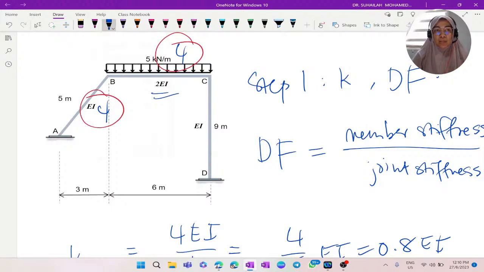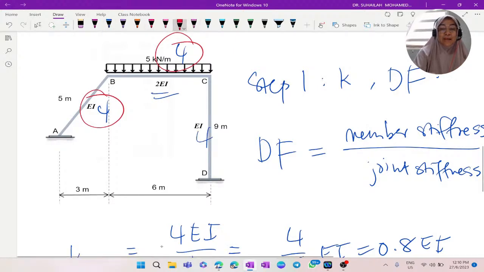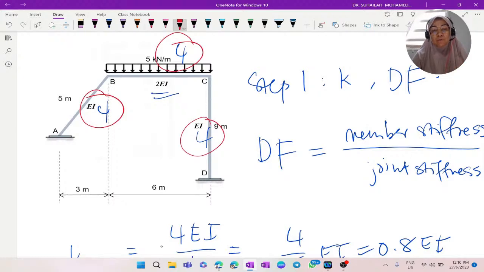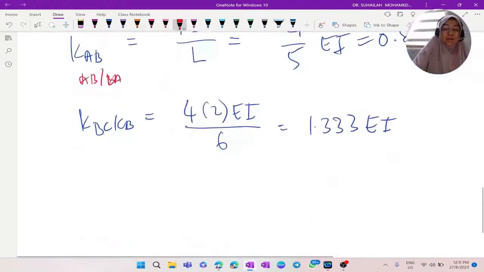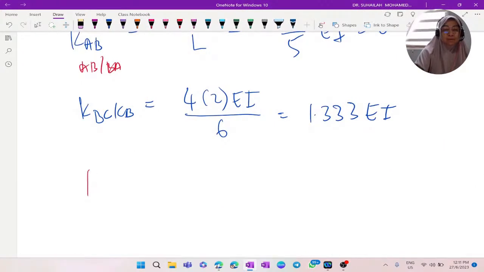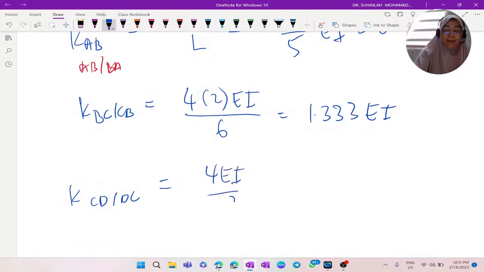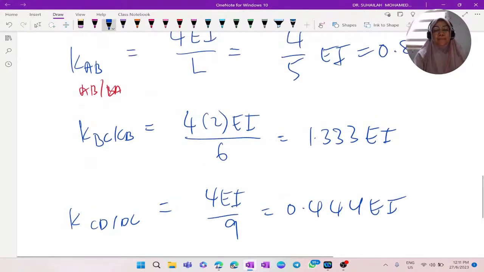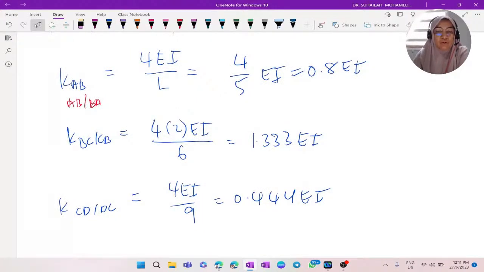So we will use the formula for far end fixed, which is 4 EI over L. So for KCD, which also represents DC, it is 4 EI divided by 9. It is equivalent to 0.444 EI.